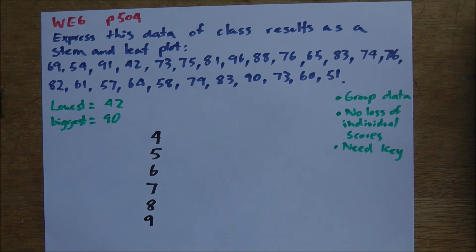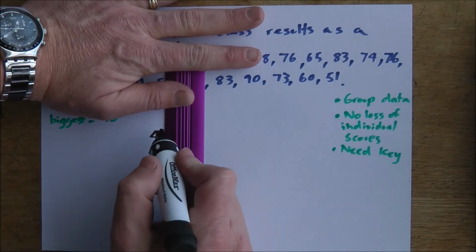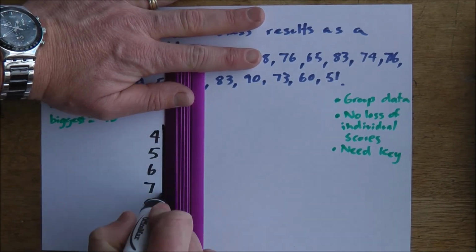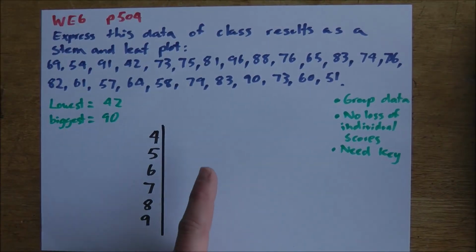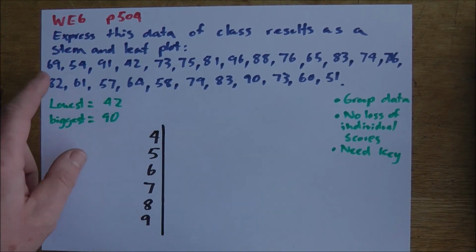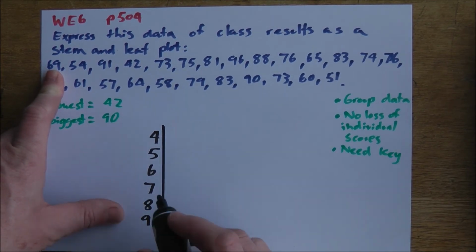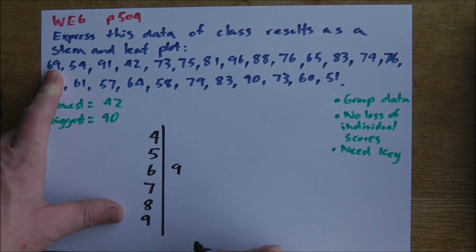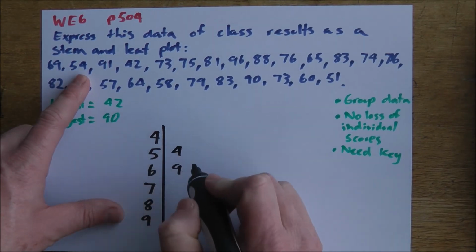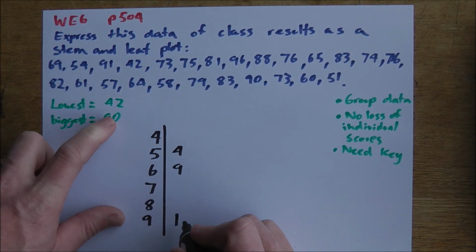Alright, now that forms my stem, and I'll rule a line. And over this side I'll have my leaves. So we run through the data and we put it on here. 69, 54, 91, yeah, that's not quite right, but that's okay.